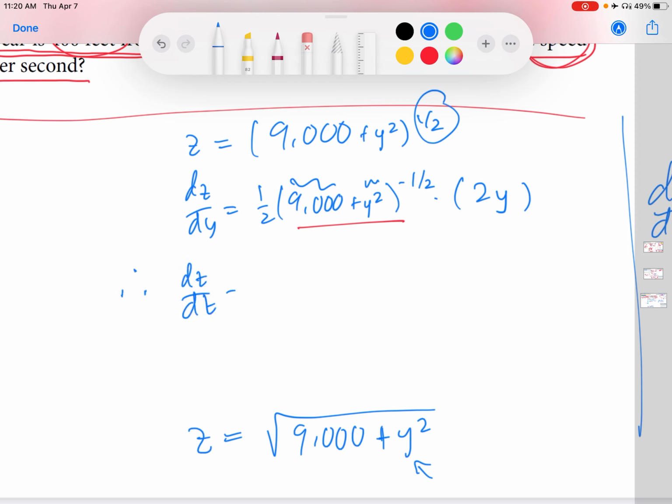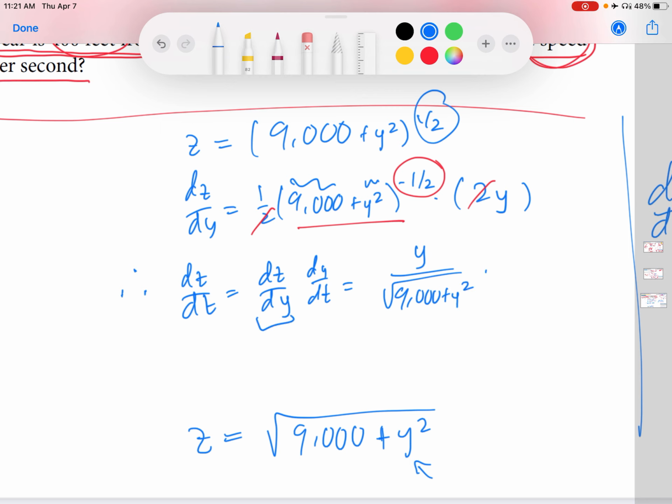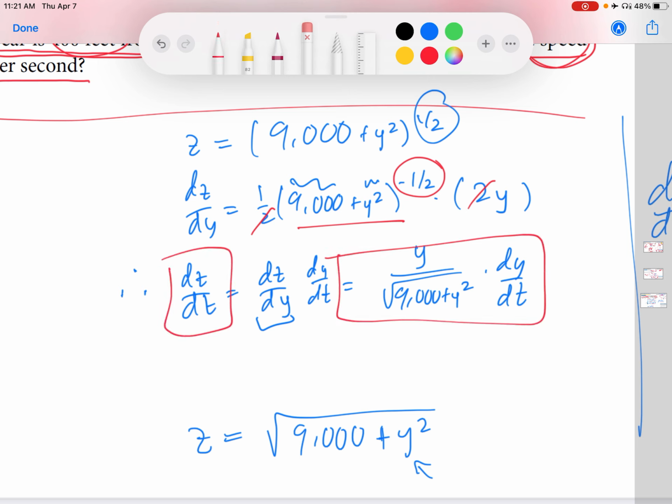So therefore, dz dt, we said by the Leibniz rule, was dz dy times dy dt. So we take this function we just found, let's just cancel out the 2's for now, and bring the 1/2 downstairs. So we get y over the square root of 9,000 plus y squared. That's dz dy times dy dt. So this is the equation that finally relates the rates, right?